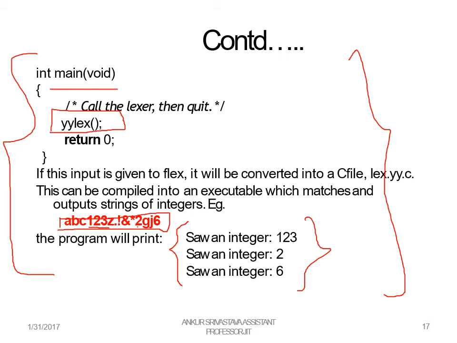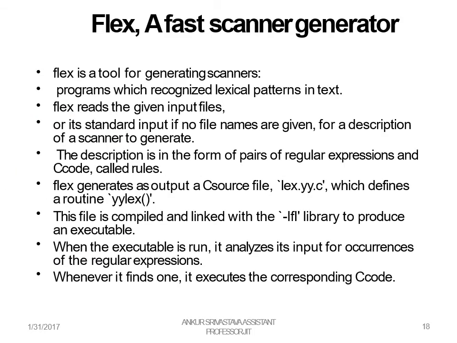If you define an identifier, then ABC will be treated as an identifier, Z will be treated as an identifier, and this entire pattern will be treated as an identifier. Now this is the fast scanner generator.